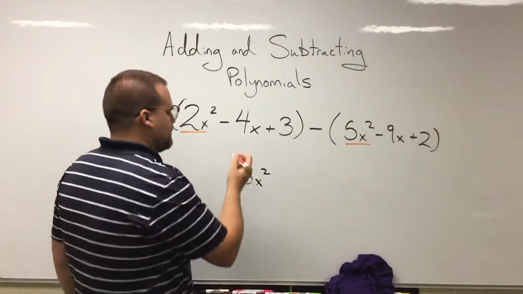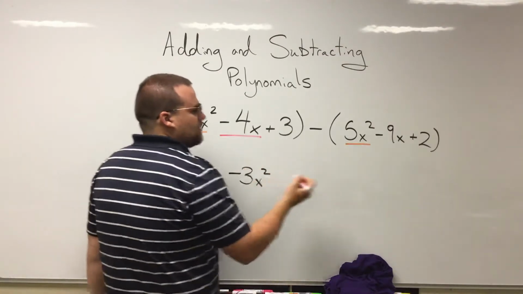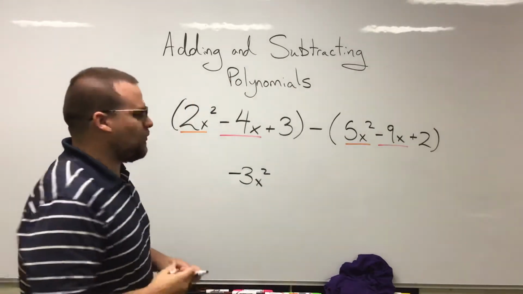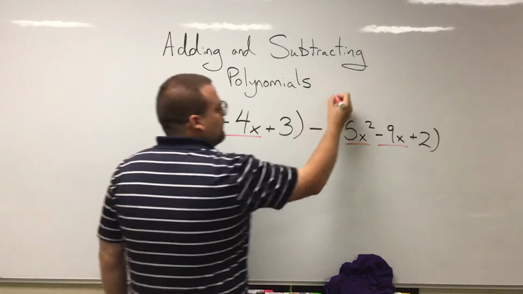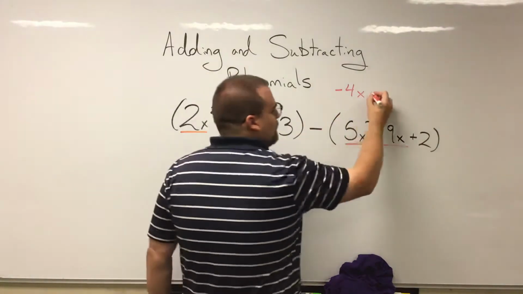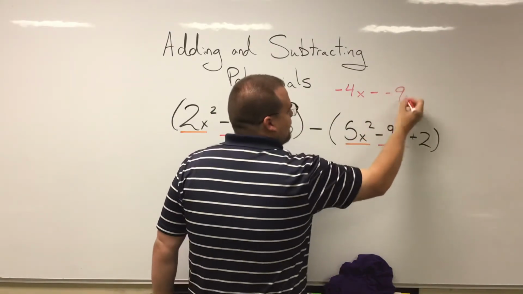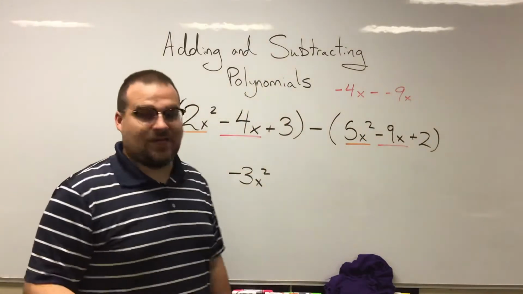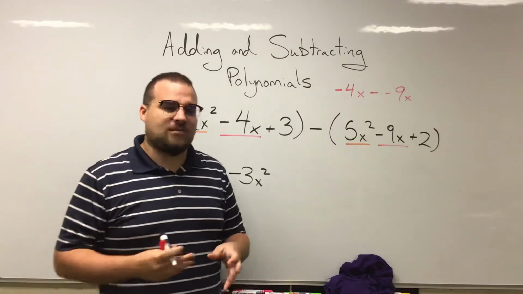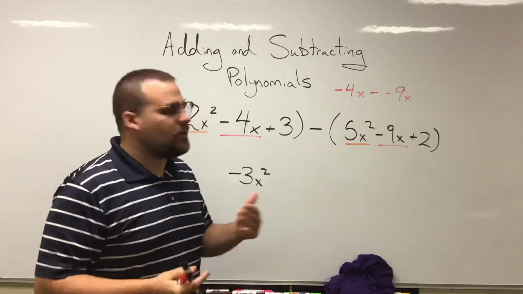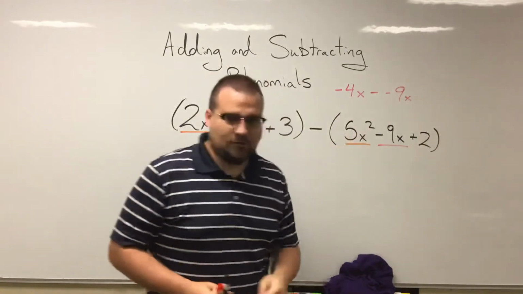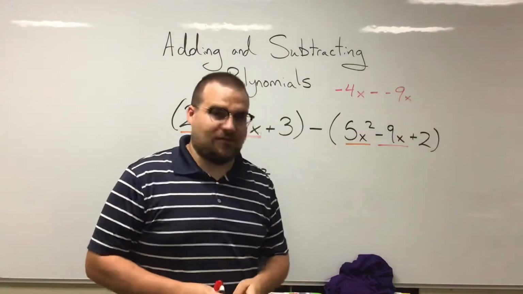So that wasn't too bad. But let's take a look at this next one. Negative 4x and negative 9x. I'm going to write this out so that we can really take a look at this. We have negative 4x, and then we are subtracting the negative 9x. So we have a lot of minus signs in here, right? This is why I think subtracting polynomials can be a little bit more difficult, because we often end up in situations like this where we're subtracting a negative. Now what happens when you subtract a negative?